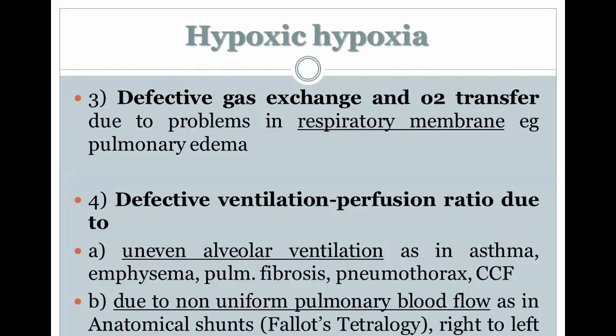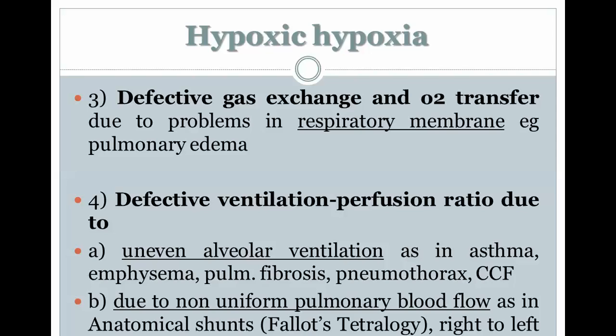The alveolar oxygen pressure, PAO2, how much? 110. There is no problem here, no CO2, no high altitude, nothing. But there is a problem in the membrane, so the diffusion is impaired. So the arterial will be 70, so the gradient will be 40, so it will be high. There is a problem in the diffusion. Yes? Okay?